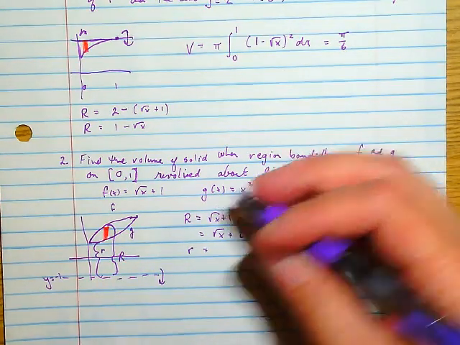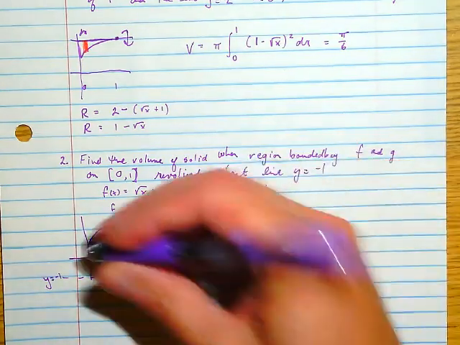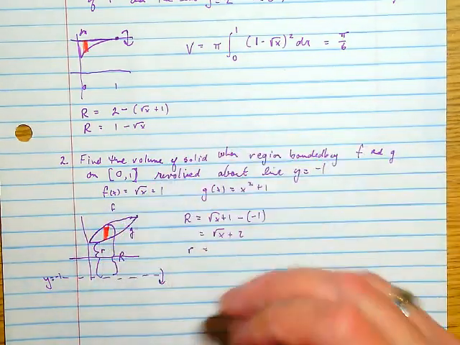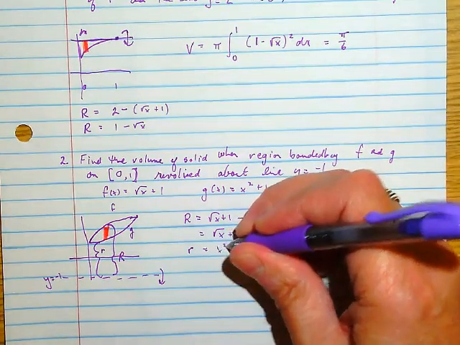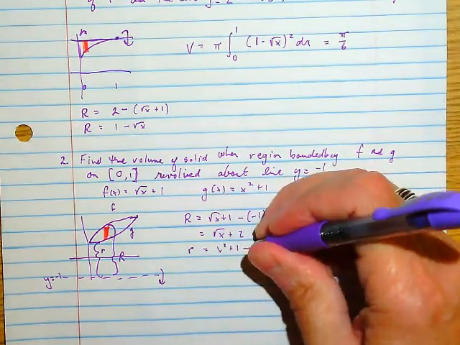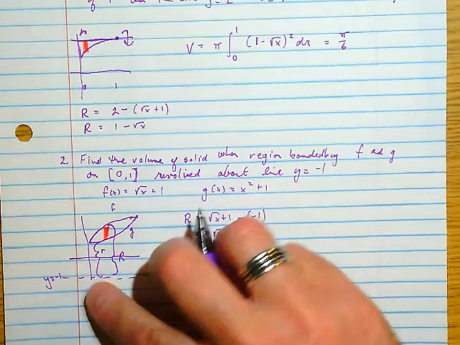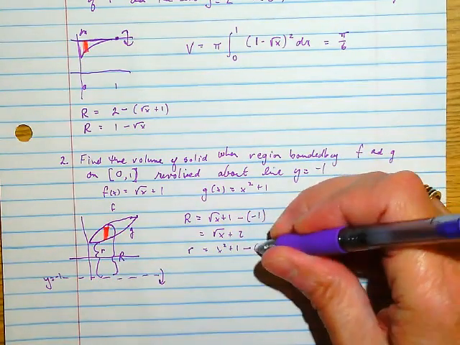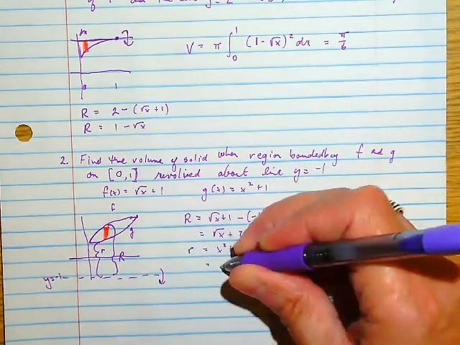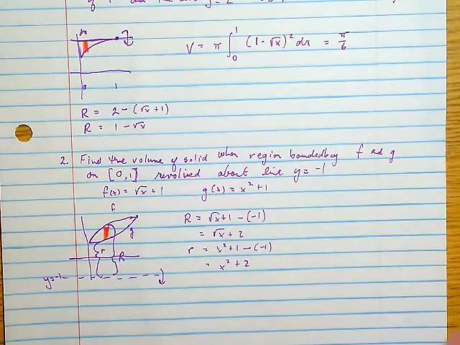Little r is what? Well, the top of the little r, right, because we're finding that length, is x squared plus 1 minus what? The bottom of my little r is minus negative 1. So that's equal to x squared plus 2.